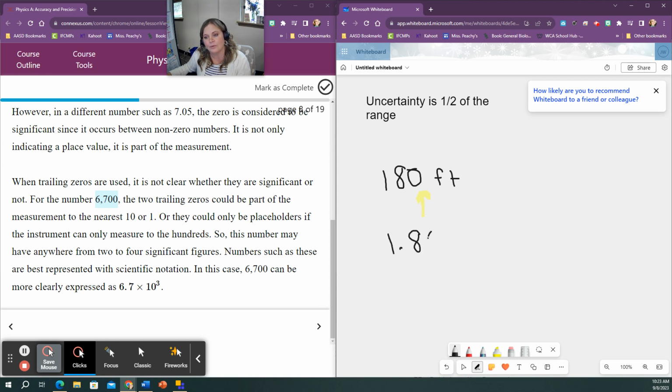1.80 times 10 to the 2 feet. That allows me to make that zero significant. So now this number here has 3 significant digits. If I'm estimating to the nearest 10, I write it like this.